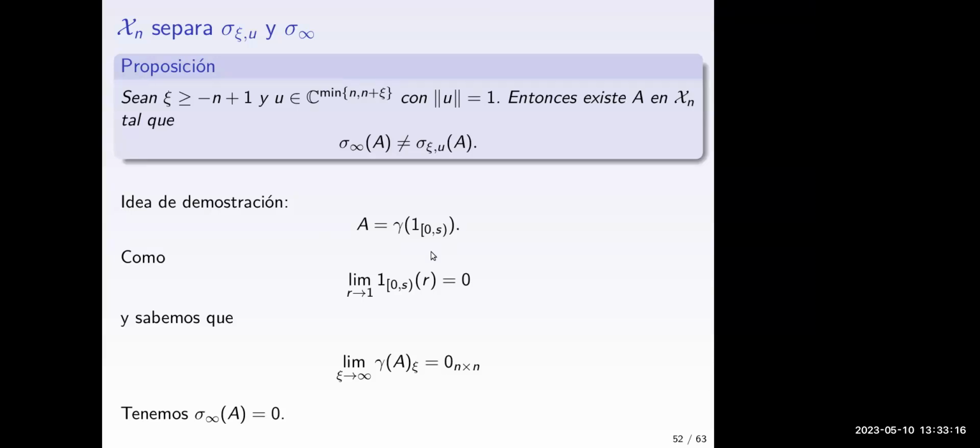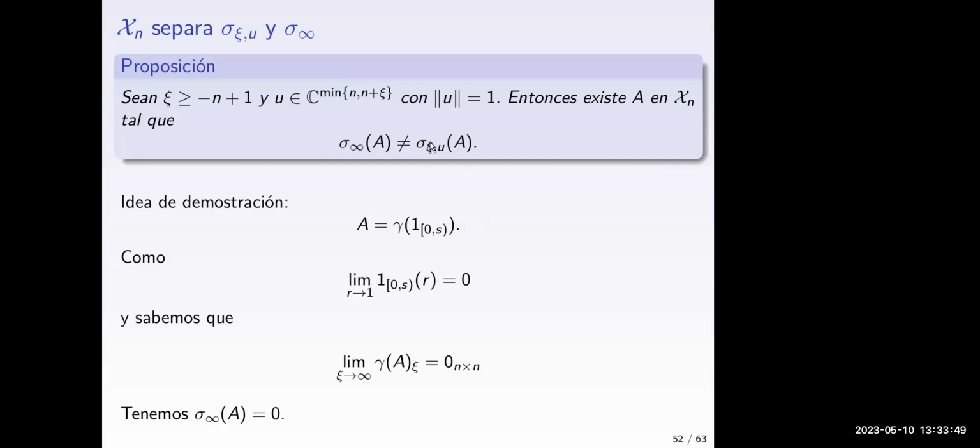We construct the sequence of this radial Toeplitz operator associated, and as the limit of this function is 0, we know that the limit of all the sequence with this fixed frequency will be 0. We have that sigma infinite is the number 0.